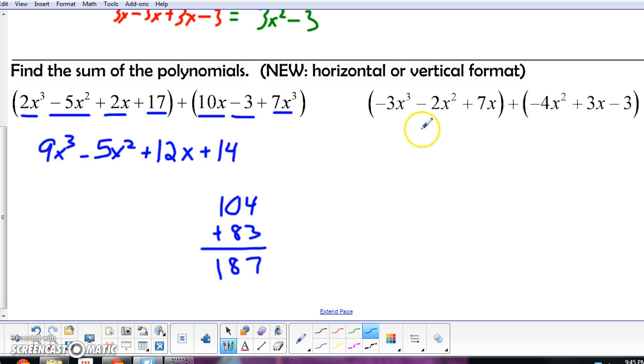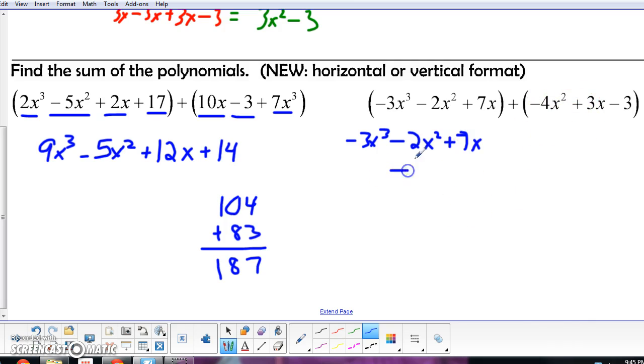So that's vertical addition. I can do the same thing with polynomials. I'll take my first polynomial, rewrite it, and then line up the like terms right underneath it.